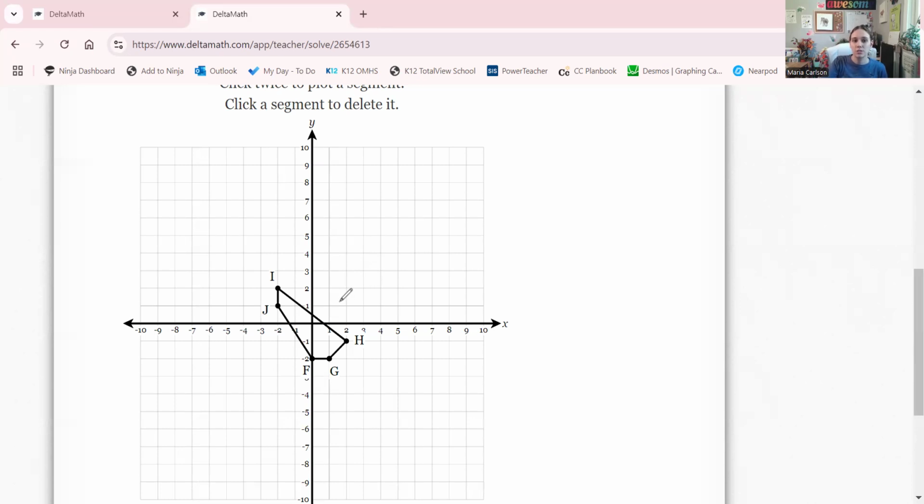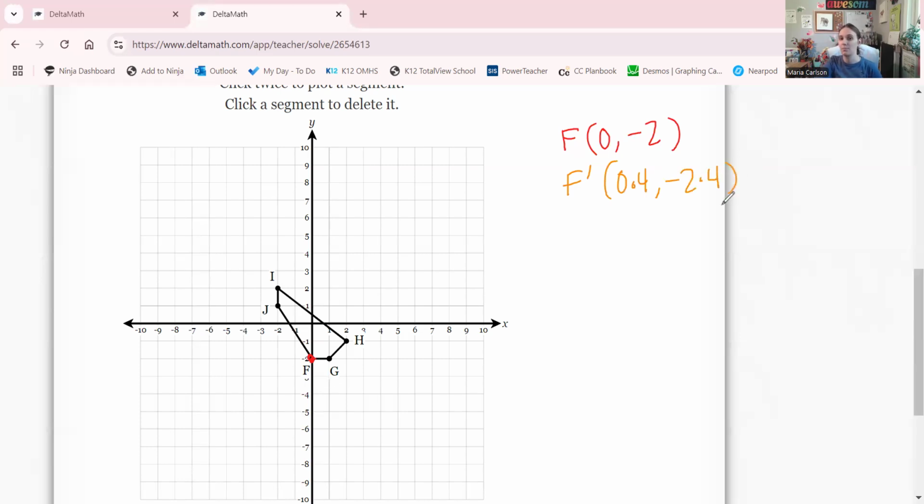So I am going to start with the bottommost point. There are two bottommost points, but I'm going to start with F. F is the point 0 for the x value and -2 for the y. We multiply by a scale factor of 4. So F prime is 0 times 4, comma, -2 times 4.